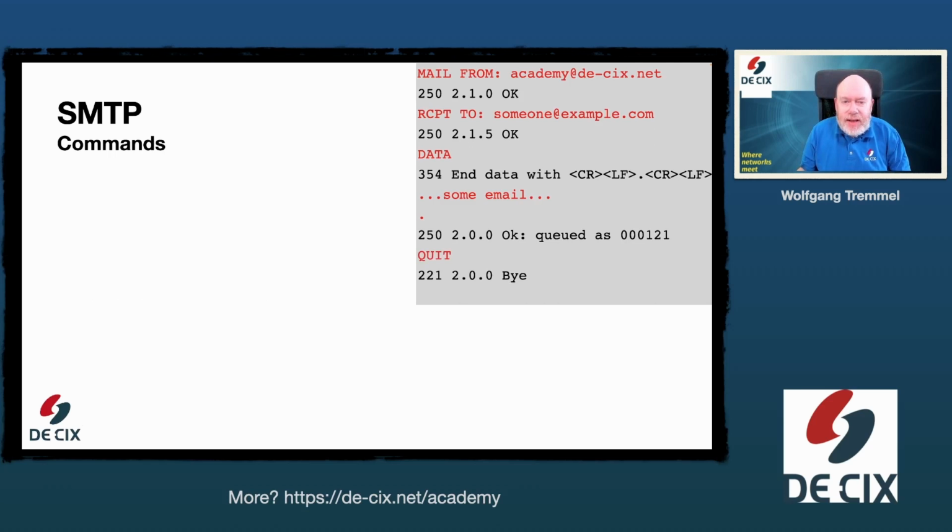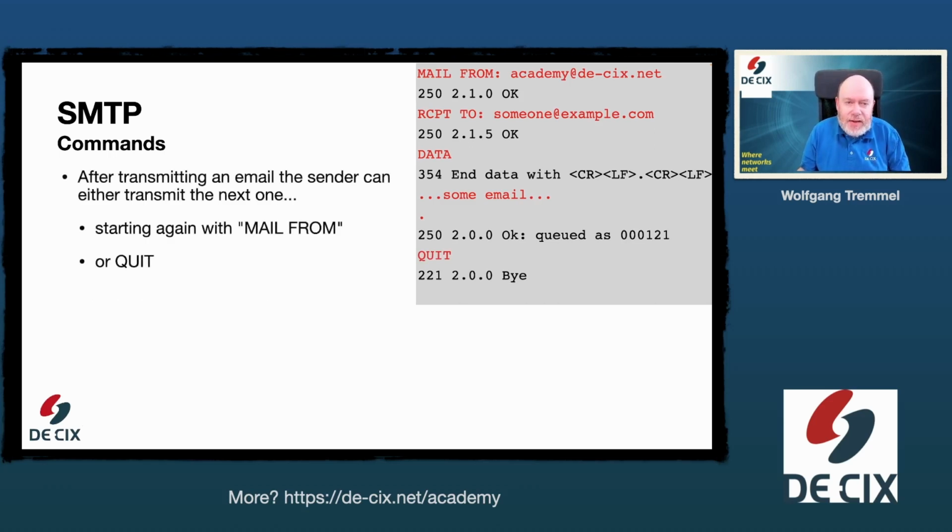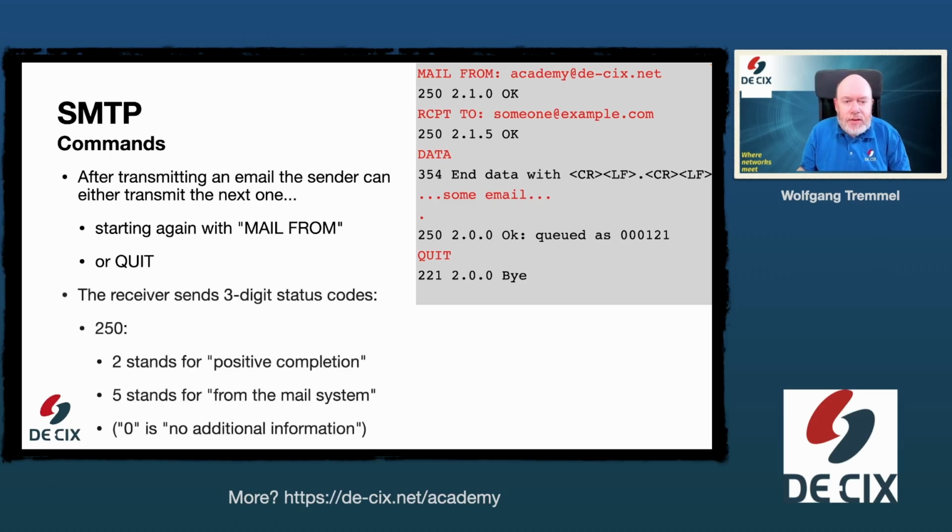So here we have again some information on how it ends. At the end, we can start the next email, putting in another MAIL FROM, or we can type QUIT and end the TCP connection. The 3-digit status codes are all defined in the RFC.